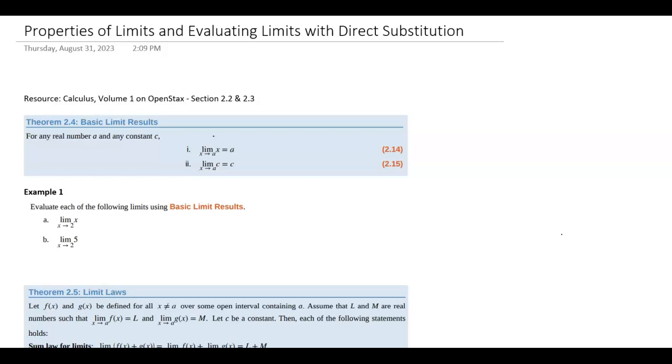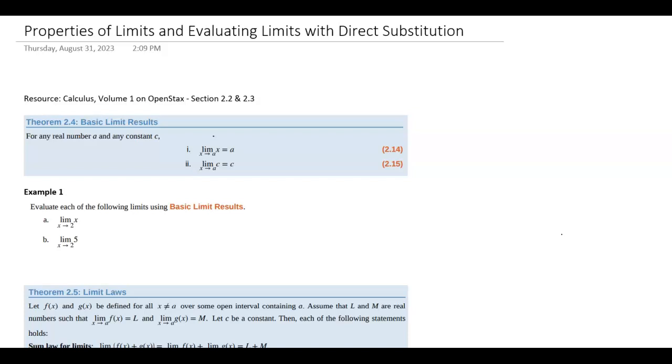All right, this video is going to be going over the properties of limits and how we evaluate limits with direct substitution. And so when we do that, essentially what we're doing is we're taking the x equals a value and plugging it into that function.